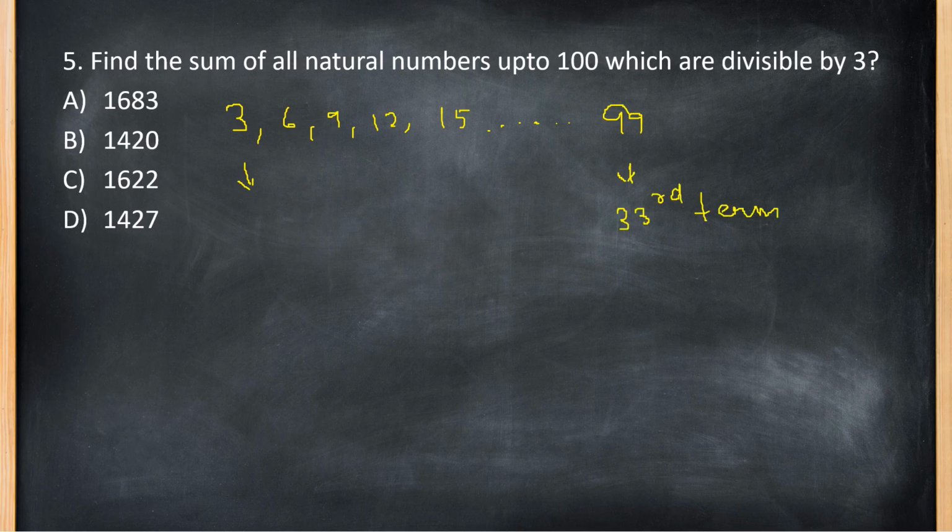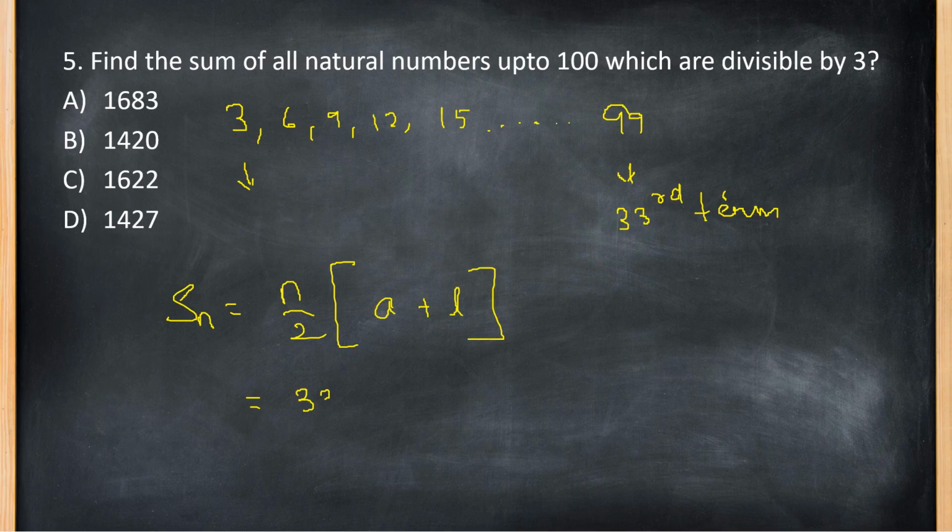When you have only the first and the last term, you can use this: the sum of the terms Sn is given by n by 2 into (a plus l), where a is your first term and l is your last term.